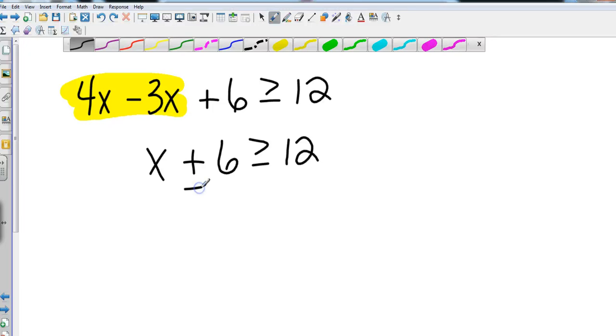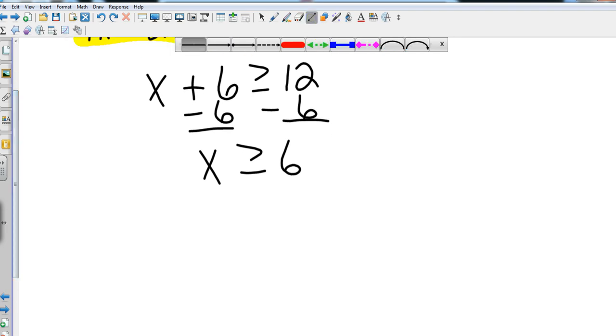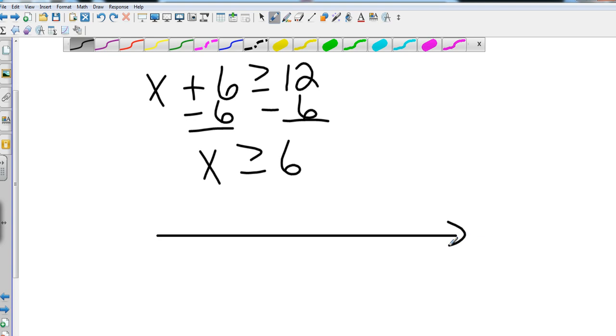And so still the same thing, subtracting 6. And so we end up with x is greater than or equal to 6. And so when we bring that on our number line again, we're going to have a closed circle above 6.